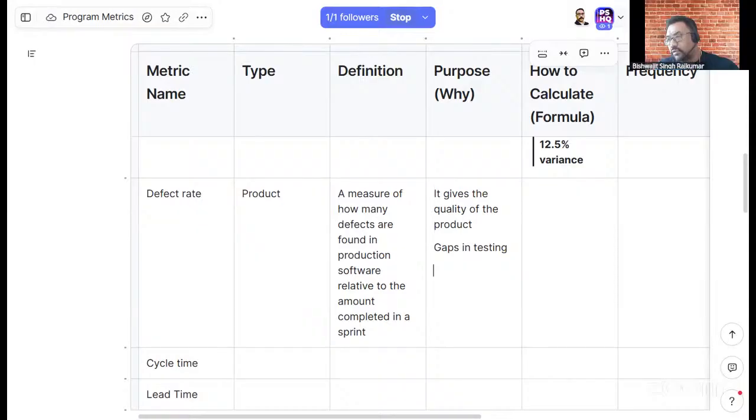Or maybe wrong implementation, though testing should catch that. But if the user story or the task has not been understood correctly, then it can drill down to how you define the story points and user stories. So: gaps in testing, and requirement miss. How do I say it?